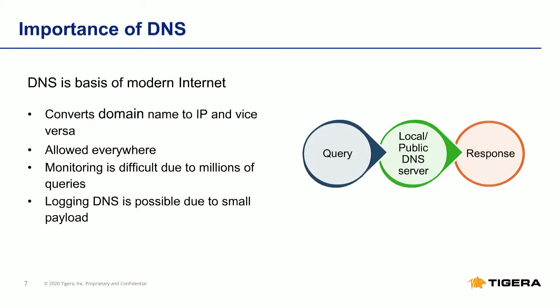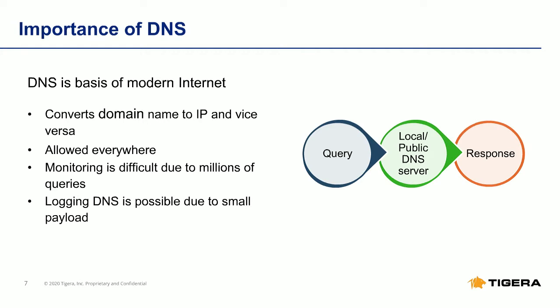So DNS, as you know, is the base of our modern internet. How it works is your local machine queries a DNS server, which is configured on your machine or a public DNS server, and you get a response for the query you made.